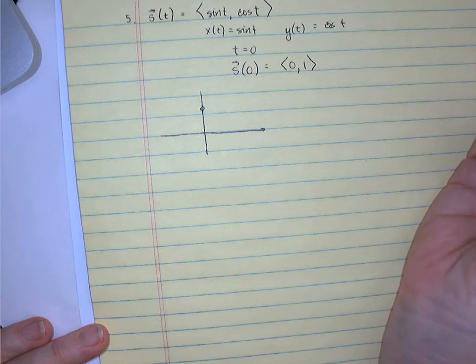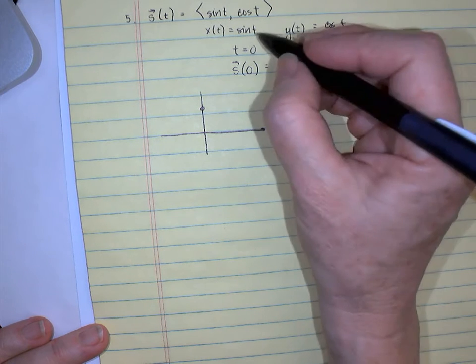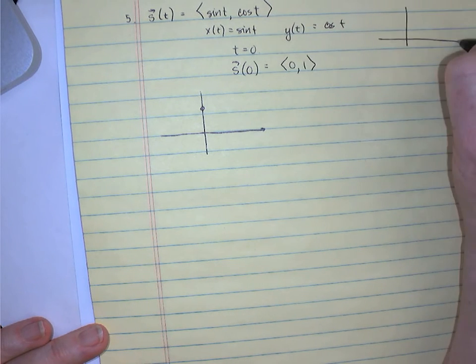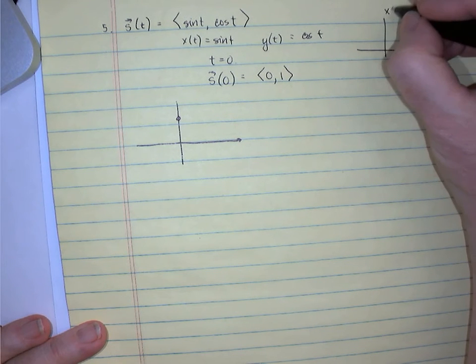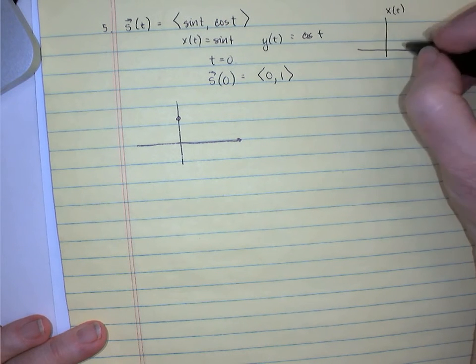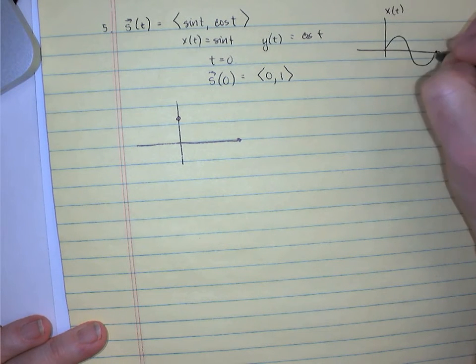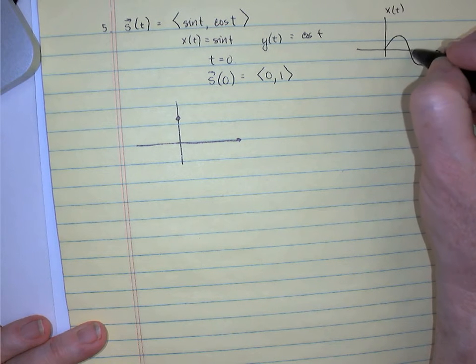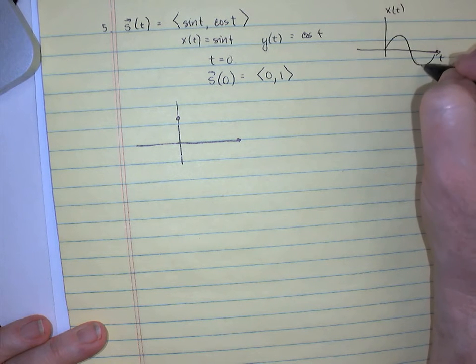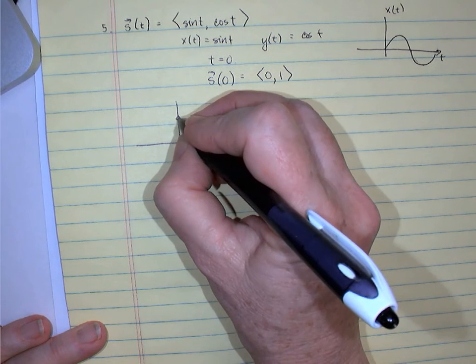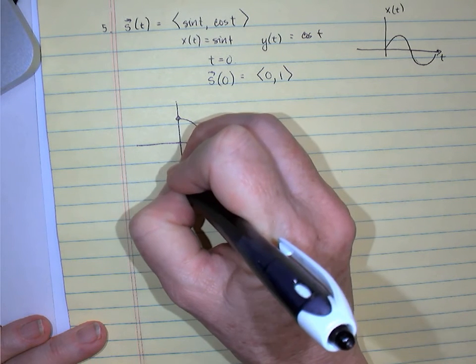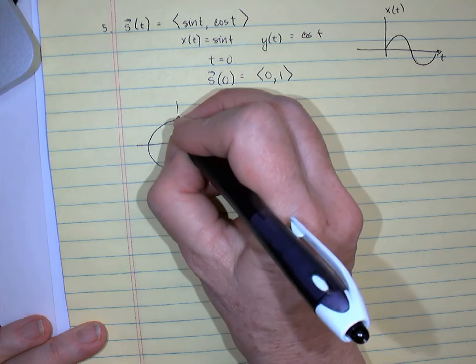And then if I was going to proceed around, what I know is going to happen is that as t increases, well, we know what sine looks like, right? We know x of t, sine, is going to increase. So my x value is going to increase to 1, and then decrease to 0, and then decrease to -1, and then increase. So I'm going to be going in this direction, right back at the start.